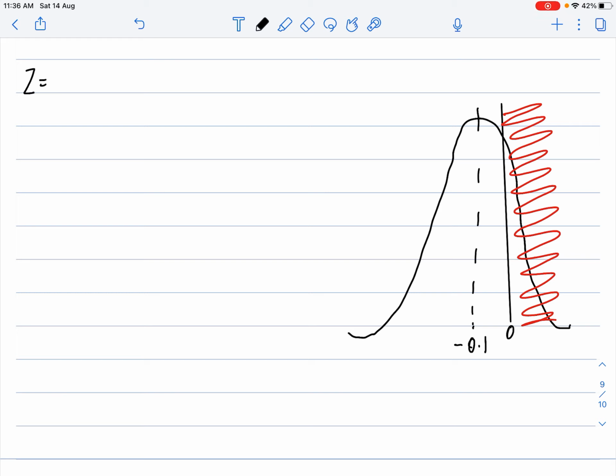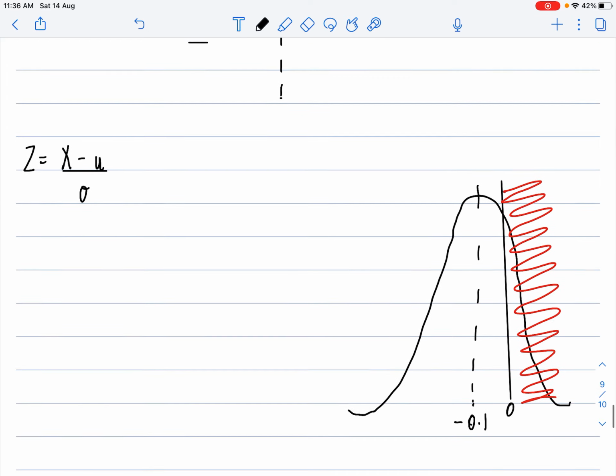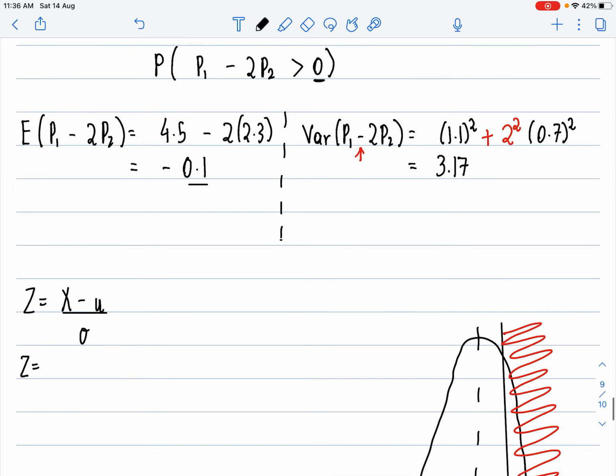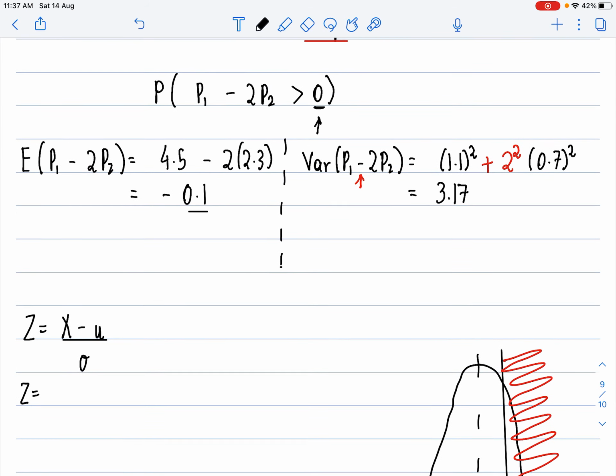The z value is basically the value minus the mean over the standard deviation. So the z value will be equal to, in this case, the value which I have is 0. So I write 0 minus the mean, which in this case is minus 0.1, the combined mean.